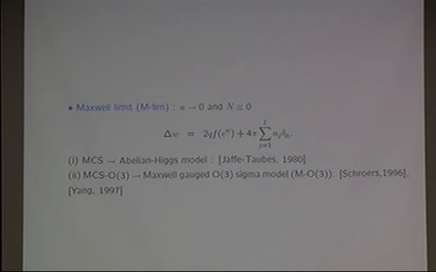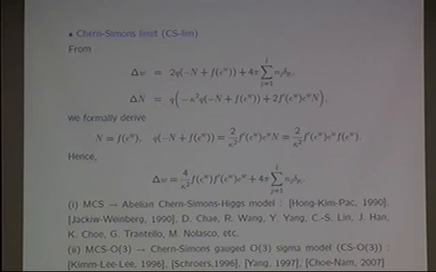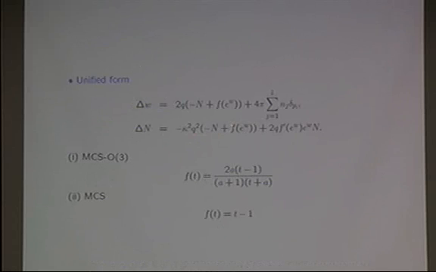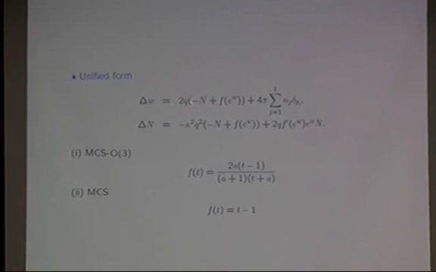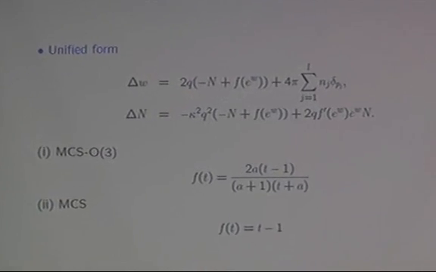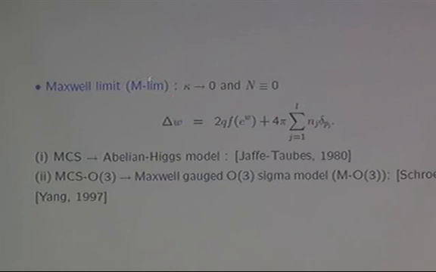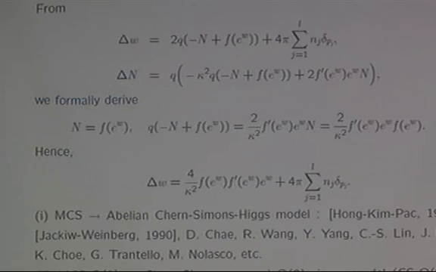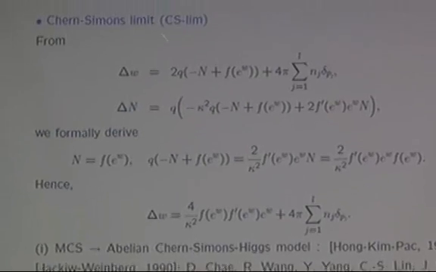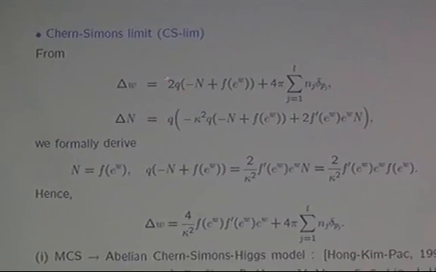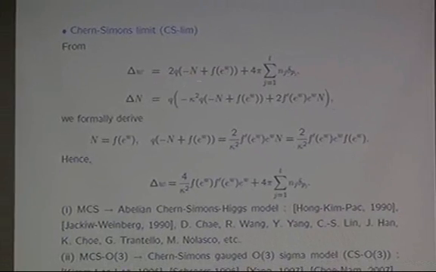On the other hand, in this equation, let me consider the case that q tends to infinity. The former one is called the Maxwell limit, and in this case it is called the Chern-Simons limit. Then if q goes to infinity, this term must vanish formally.